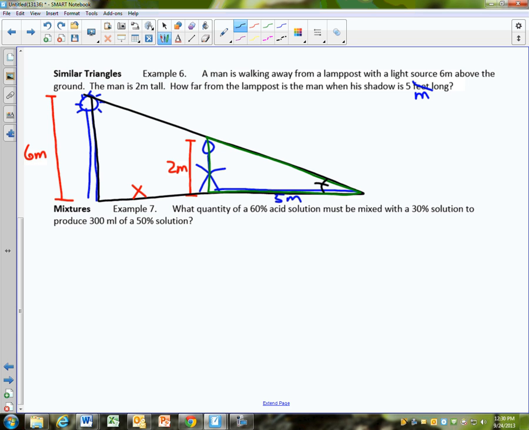This angle's the same. Those are right angles. Why do we know those are right angles? Because they measure height. And we know that height is always 90 degrees. So if two angles are the same, then the third angle has to be the same.